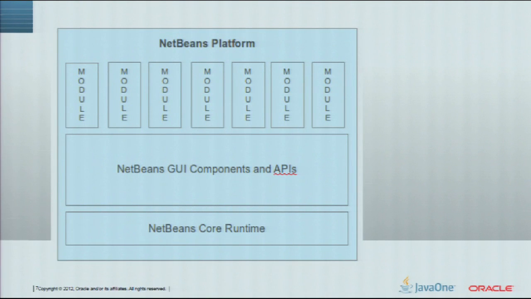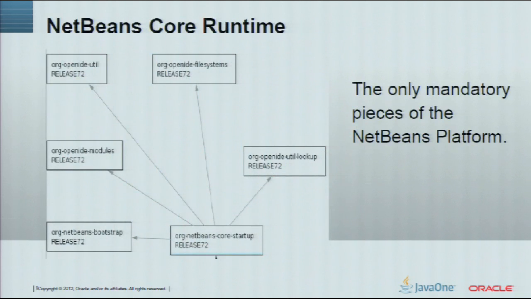This is the JRE of the NetBeans platform, and it consists, in this diagram, as you can see, of 6 different blocks, and each of these blocks is a jar. These are just jar files. In NetBeans platform terminology, these are also modules.